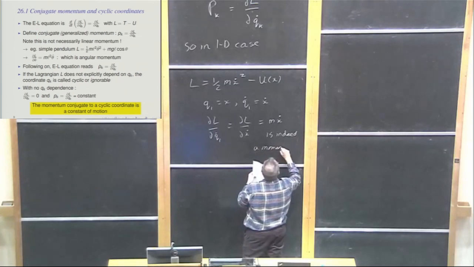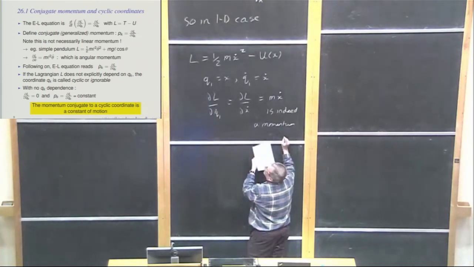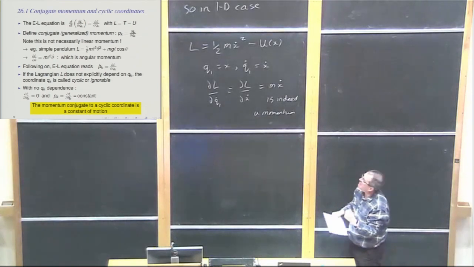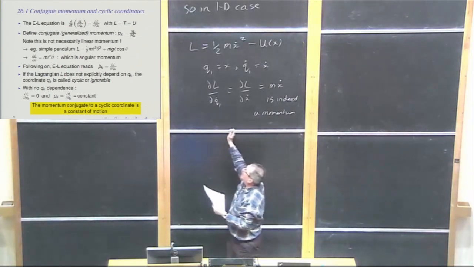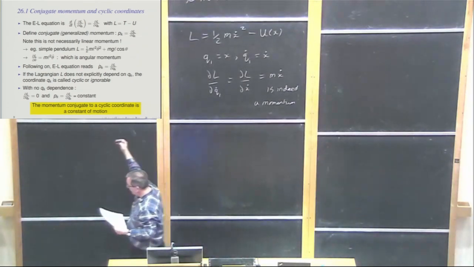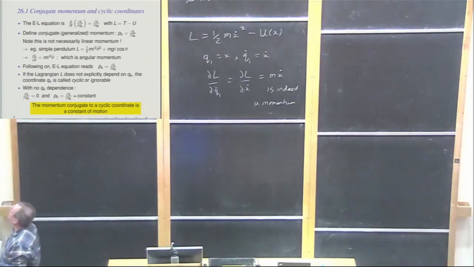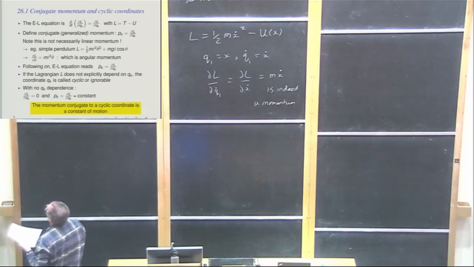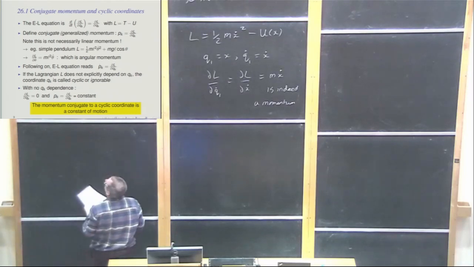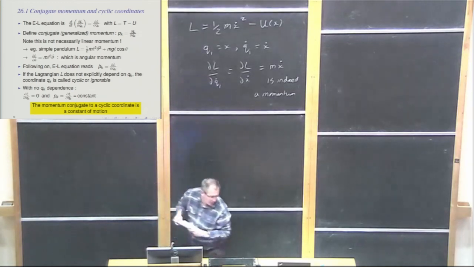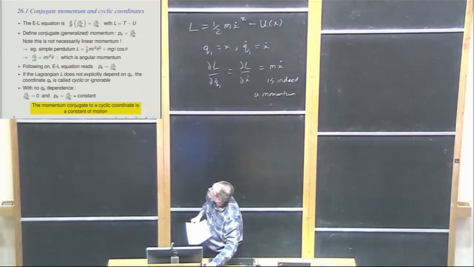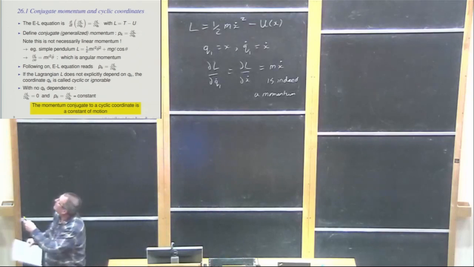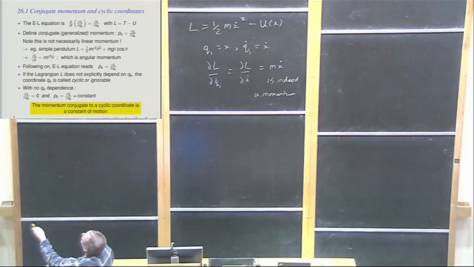Okay, so that's nice. Now this generalized momentum need not just be a simple translational momentum. It can be something else. For example, if we have a very simple pendulum, this is the Lagrangian for a simple pendulum. It's clear where that comes from, and we'll be looking at this case very soon.